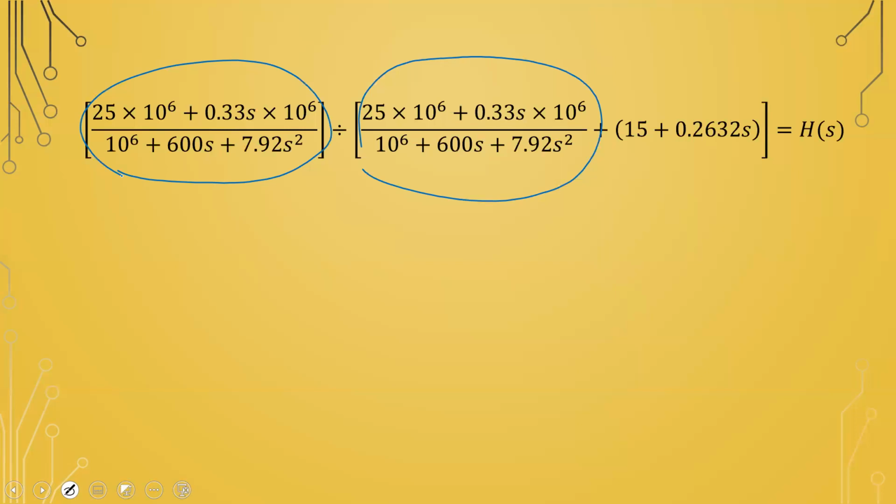We simplify, and of course, we'll be able to eliminate a couple of things there.